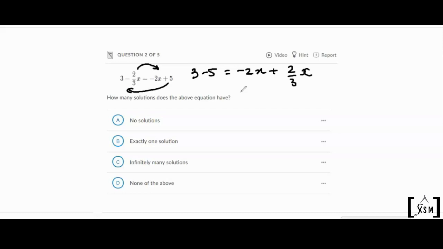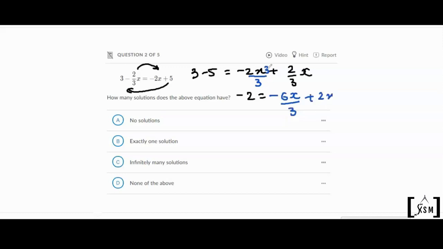Solving them, we get negative 2 equal to, 3 minus 5 is negative 2. And to make the same denominator, we need to multiply up and down by 3 here. So we get negative 6x over 3 and plus 2x over 3.